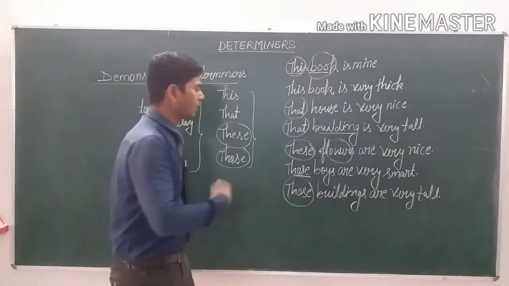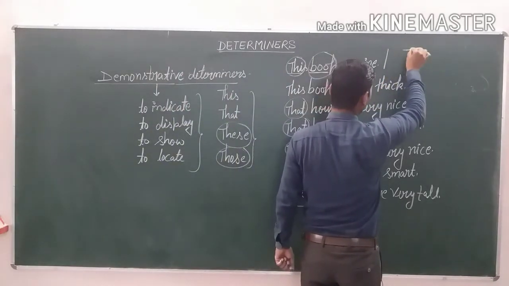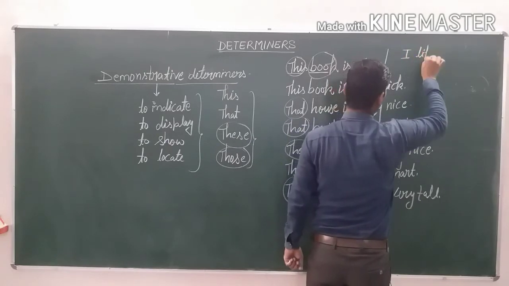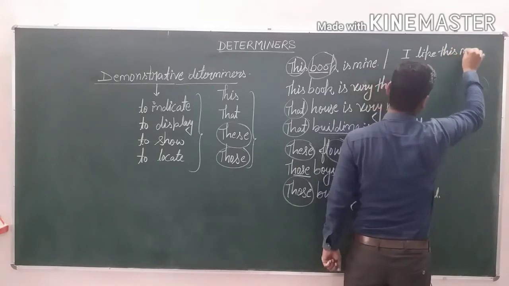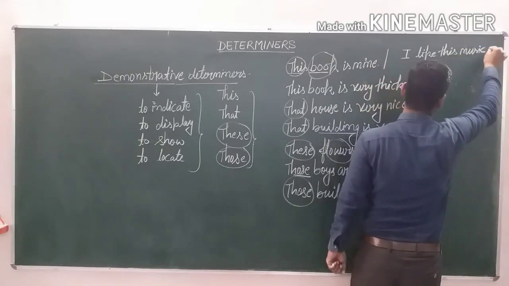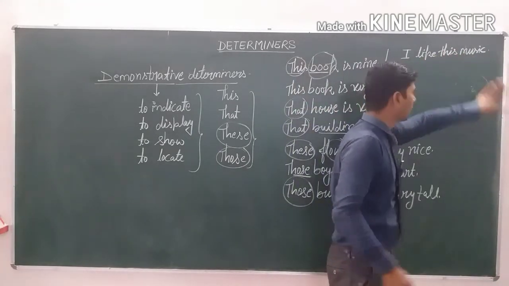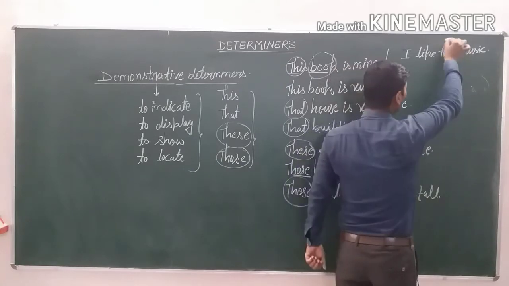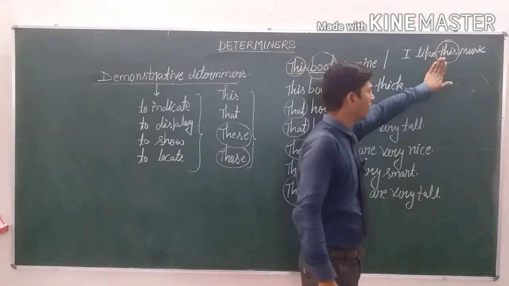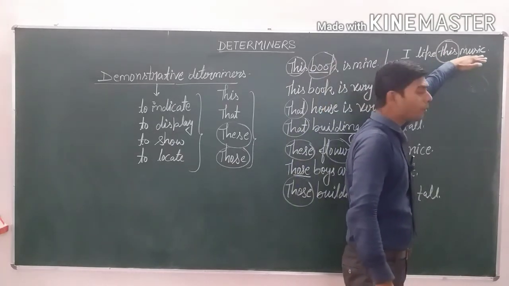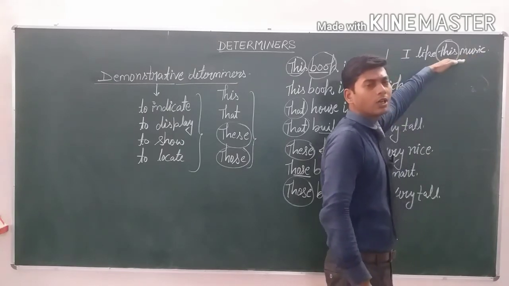Okay, you can also note down another example. I like this music. The word this is here, and it is a demonstrative determiner, and after that there is the word music, it is a noun, and just before it we use the word this.